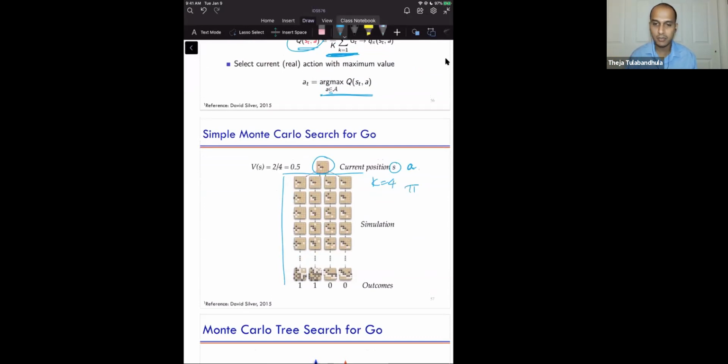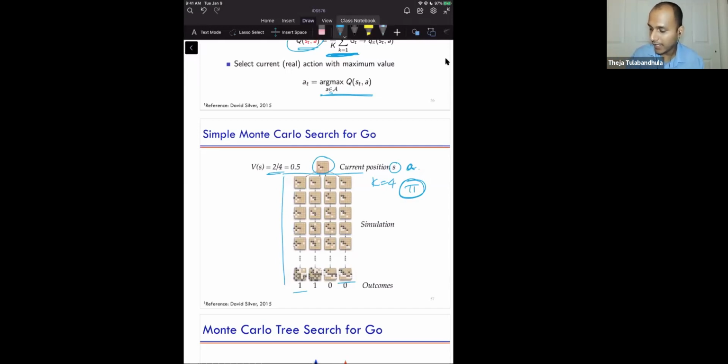One example simulation policy is to do random things. You randomly place a stone, you assume that the opponent is also going to randomly place a stone, and so on, and eventually see who covers the most territory or who won. Then maybe, for this action, given the simulation policy, you see that you win 2 out of 4 times. Then that's the score for this action. Similarly, you can do that for some other action, get a score, and pick the best one.